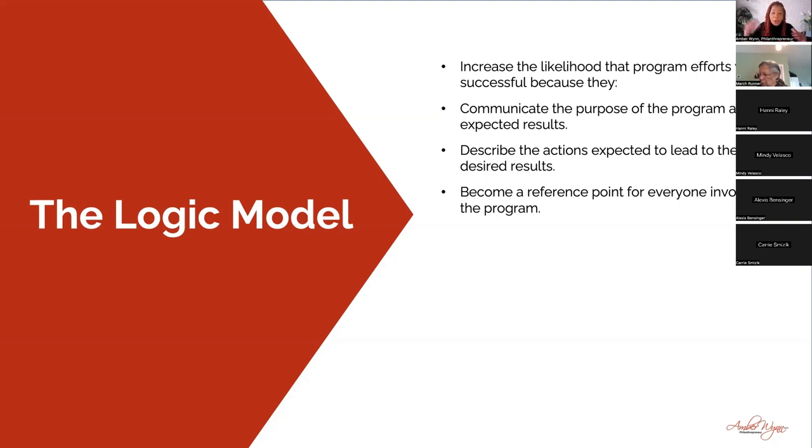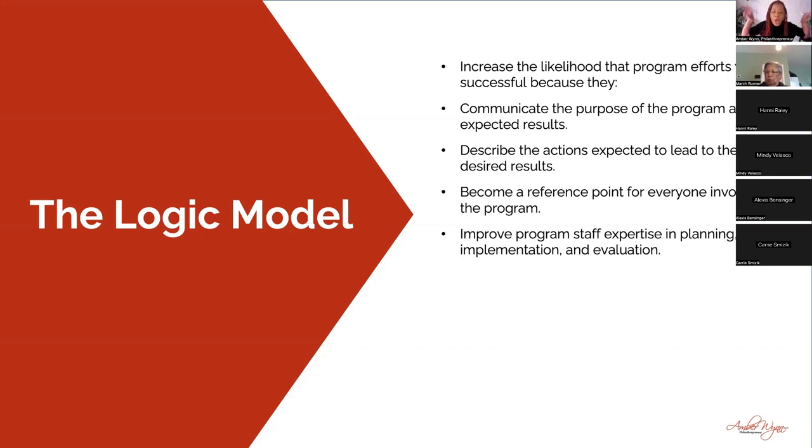Having been a grant writer, especially when you have different stakeholders, collaborators, administrators, people on the ground, when you have a logic model, you're able to use it to keep everybody on point. It also improves the program staff's expertise in planning, implementing, and evaluating the program.